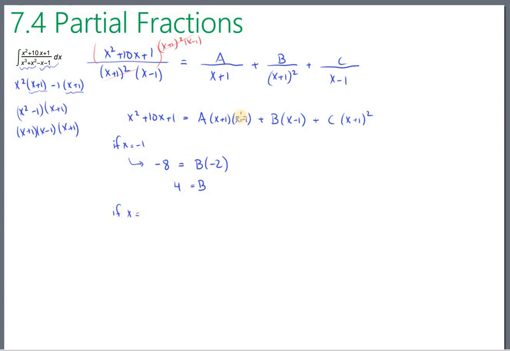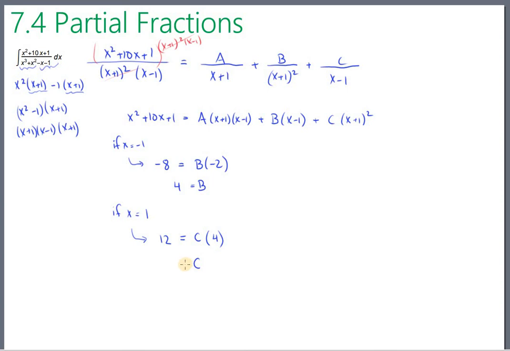Okay, so let's keep going. The other thing I can plug in is if x equals positive 1. The equation looks like 12 equals, and then positive 1 will make that term 0, make that term 0. I'll get c times, plugging in 1 for x, 2 squared, 4.